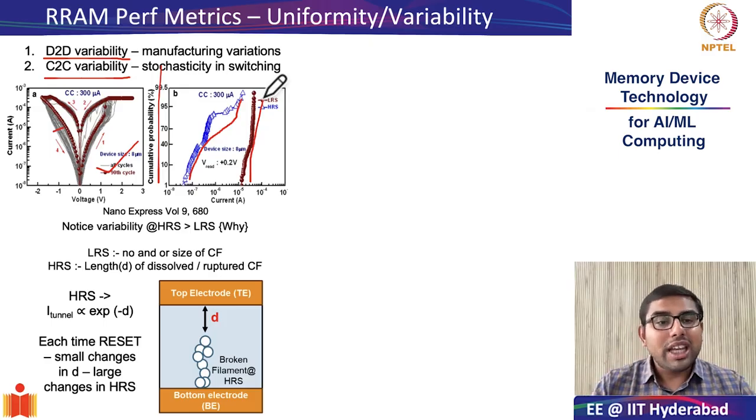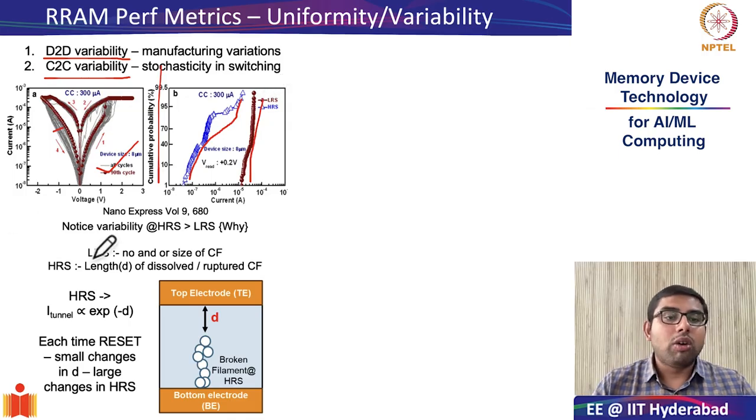So a natural question which comes to our mind is, this is the case for most RRAM devices, that the variability in high resistance state is generally much larger than that compared to the low resistance state. So a question is, why is that the case? This is because the physical mechanisms involved in the HRS and LRS and their associated variability are also very different.